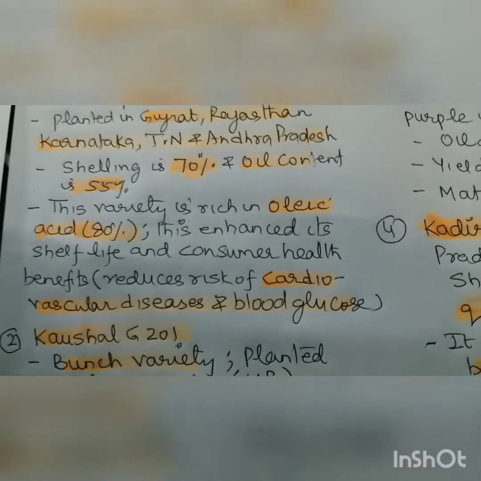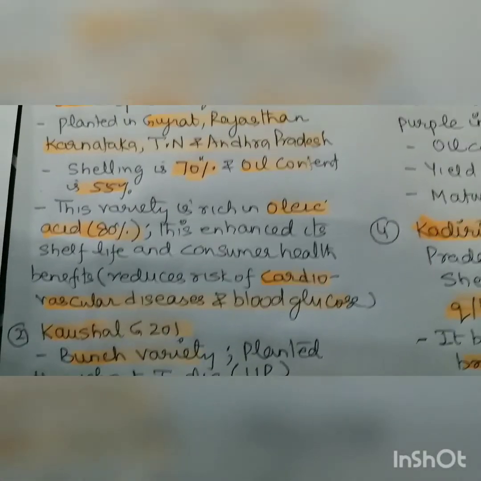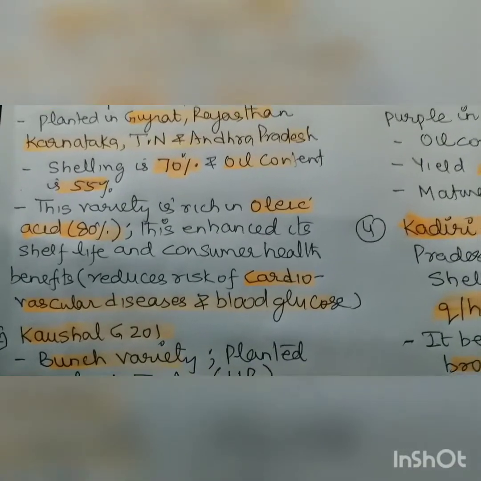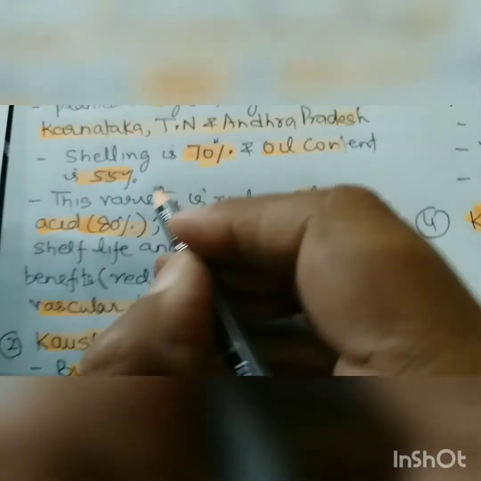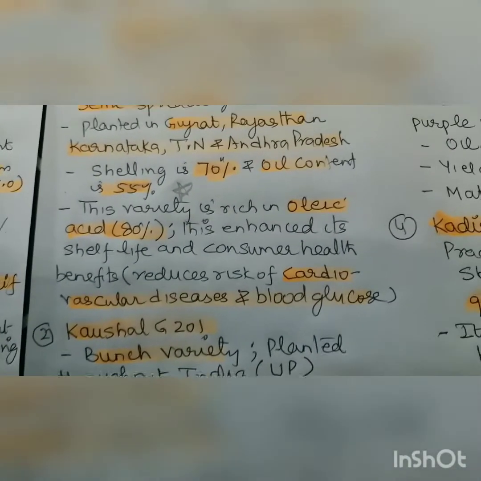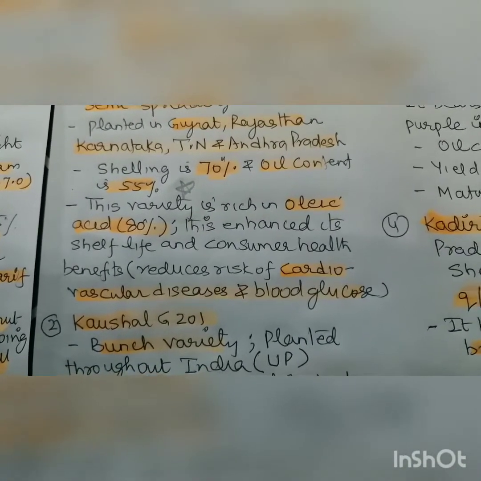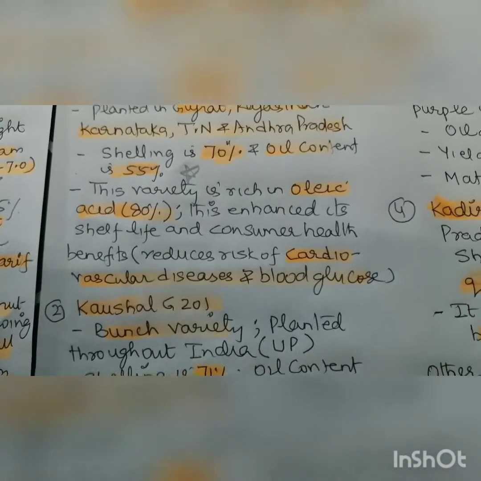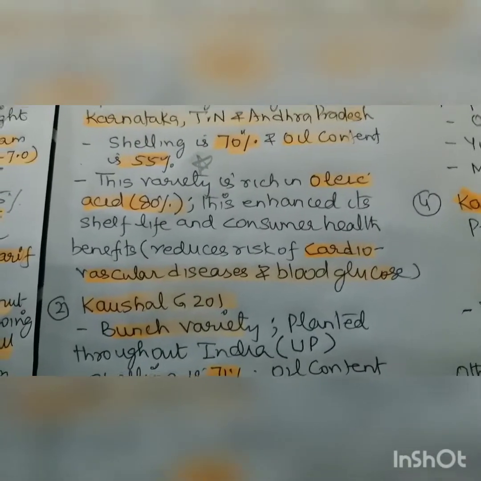One is shelling. Shelling means how much fruiting it will do, 70%, and oil content is 55. Very important. Compared to the other varieties, you will see it is a very commendable achievement by the scientists. The variety is rich in oleic acid, and oleic acid is the main character of this variety.